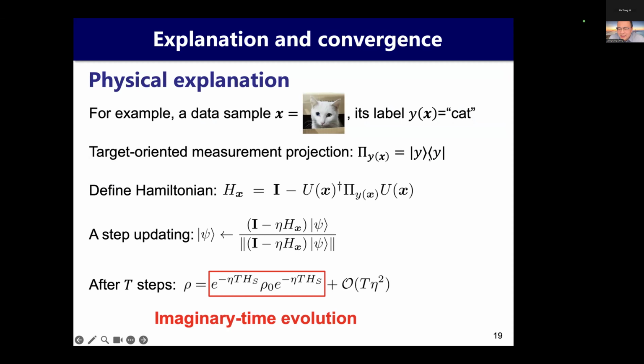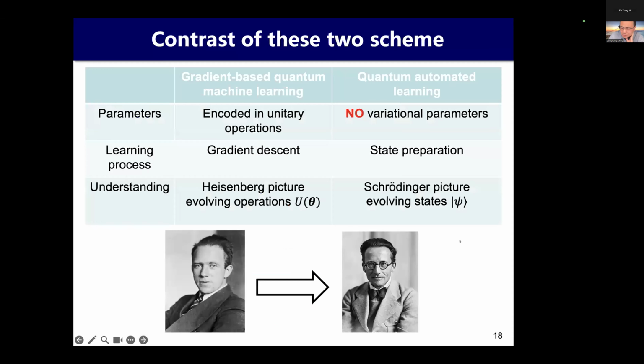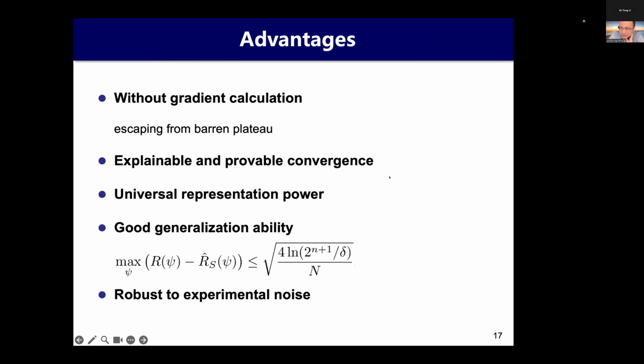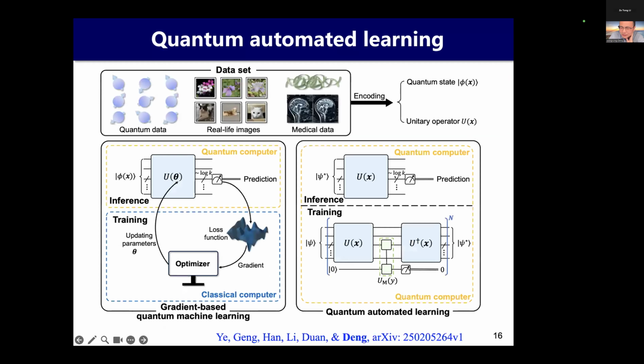Then we can define a Hamiltonian H_x. When you measure this, it is basically a projection Π_y, and then you go U dagger x and then U x, right?